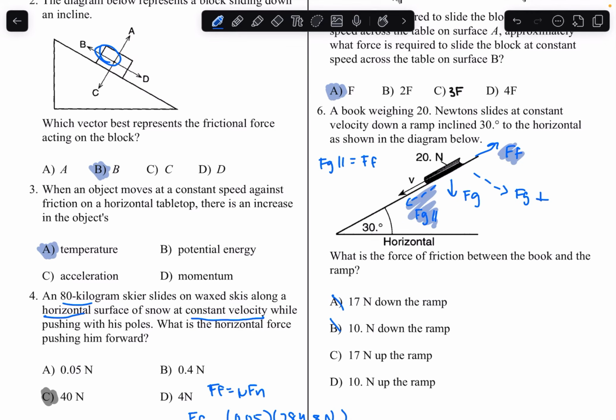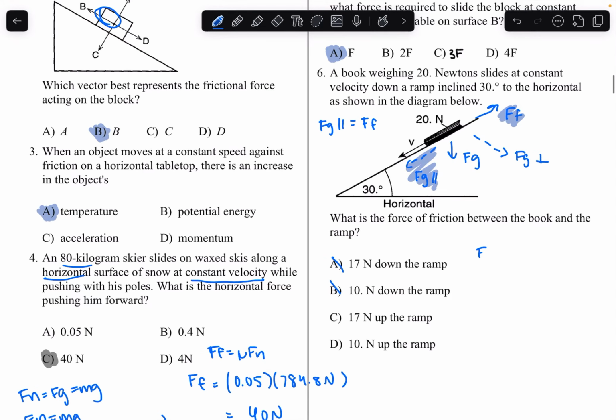So instead of solving for Ff, we can just solve for Fg parallel. So Fg parallel equals Fg times sine theta. So Fg parallel equals Fg, which is 20 newtons, times sine 30. And our answer here is going to be 10 newtons.